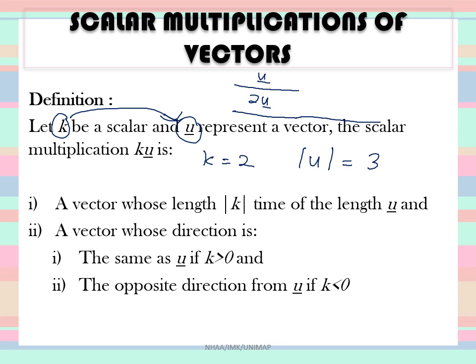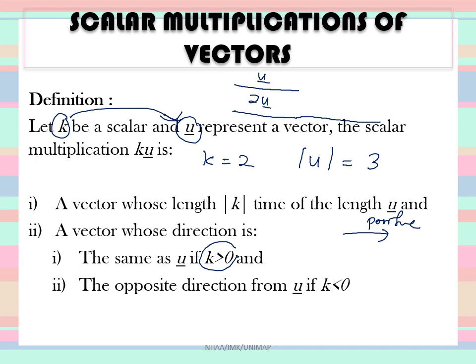And if the scalar k is greater than 0, meaning it goes to the positive side, because 0, 1, 2, 3 until infinity is positive, then the new vector you get by multiplying with scalar k will have the same direction as your current vector.